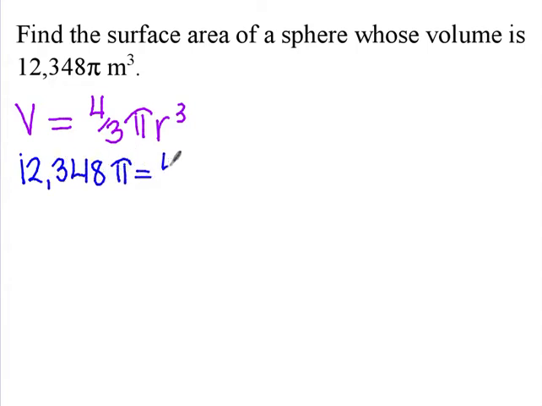And that's going to equal 4/3 pi r cubed. So to solve that, what I'm going to do is divide by 4/3. What's another way to divide by 4/3? Multiply by 3/4. My pi's will cancel since I have 1 on each side. So what does r cubed come out to be?